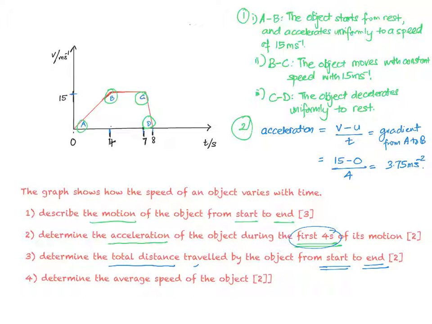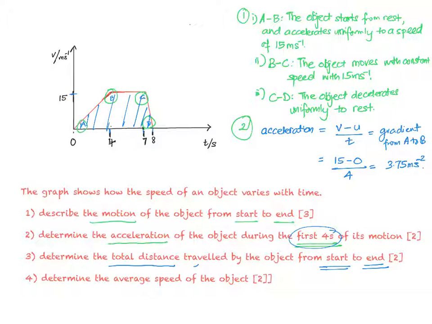Distance is speed times time, but in this case you can't use that because the speed is not constant throughout. So you have to use the idea that under a speed time graph, total distance is given by the area under the graph.